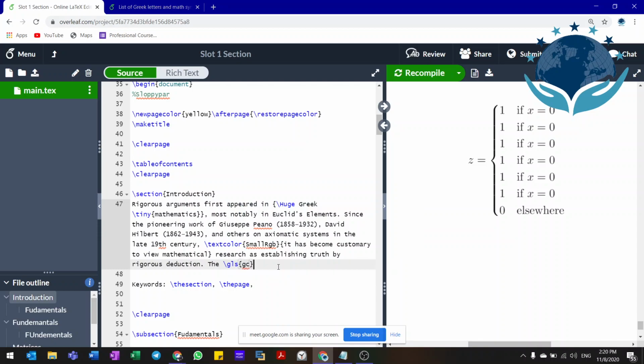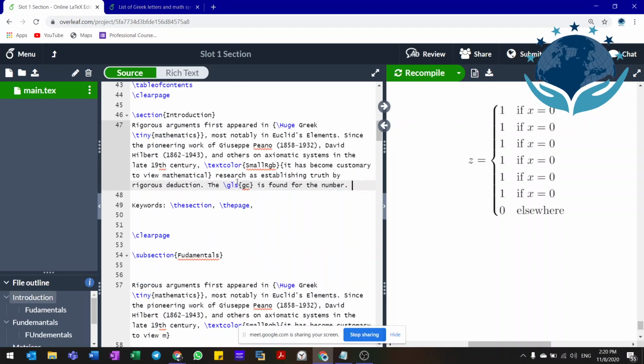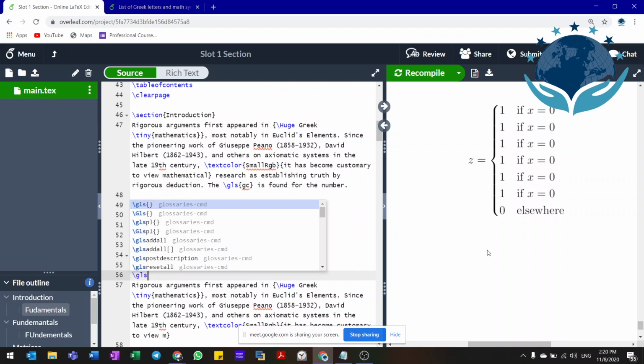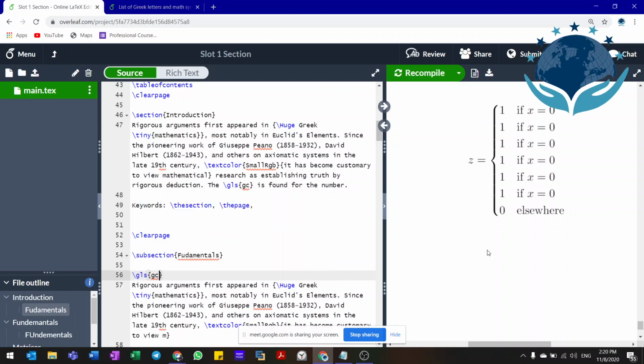So I have to use GC. Now I have used the first one here, and next I'm going to use it again. So GLS GC was found in the previous section.